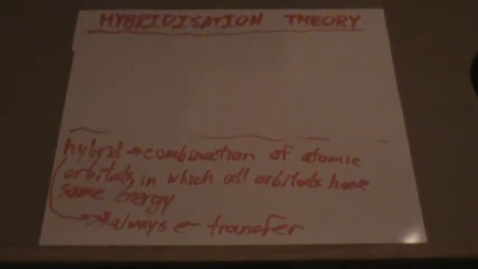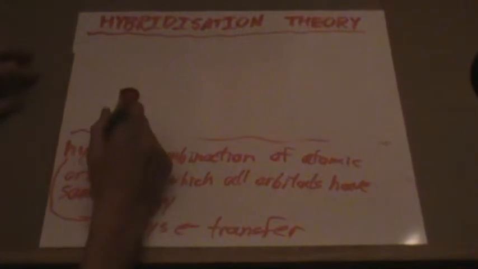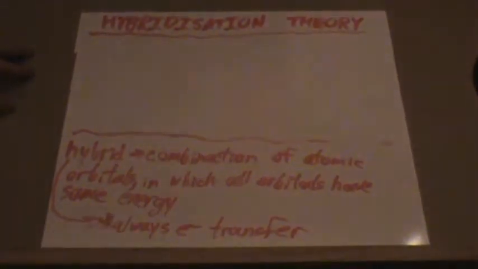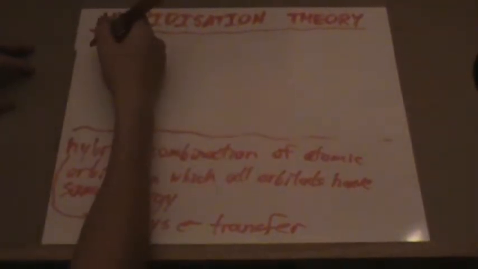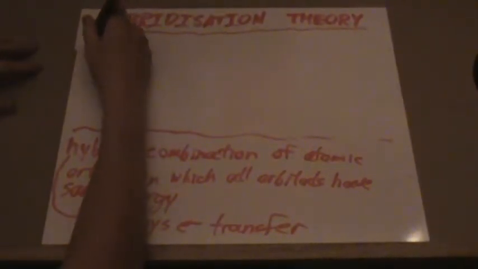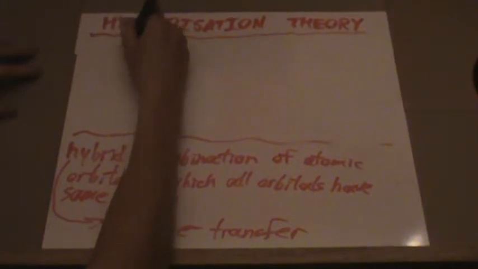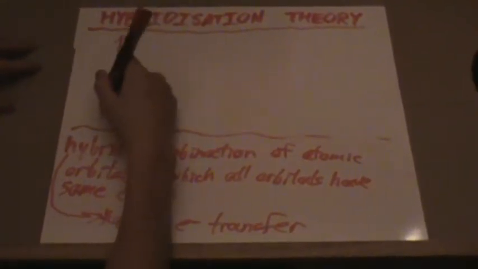There is no difference in shape, no difference in any energy whatsoever. They are literally the exact same orbitals, and this is how they are able to bond and stay stable amongst all the bonding.